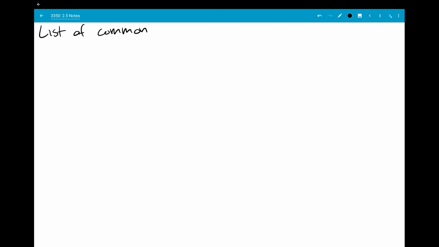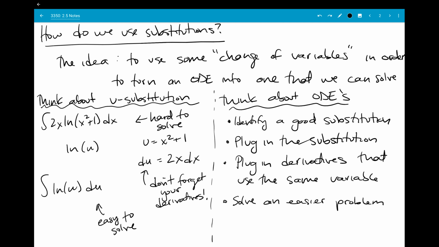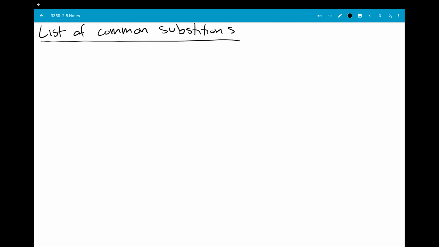Right here, we're going to list out the different types of substitutions we'll be talking about, because it'll help to have, right next to these steps, the different substitutions you'll check if you can use when you run into a particular problem. There are going to be 3.